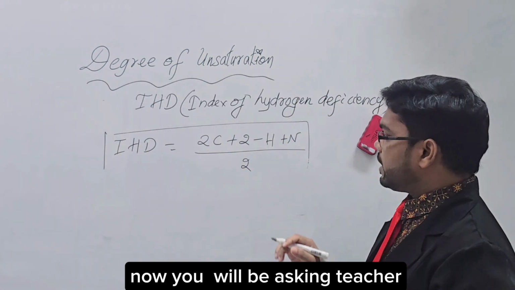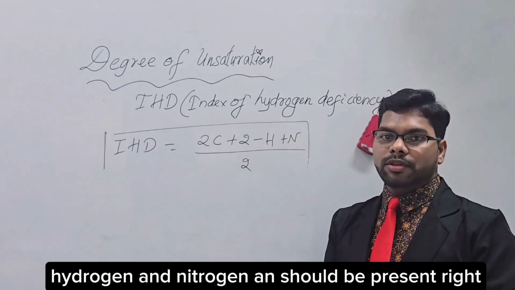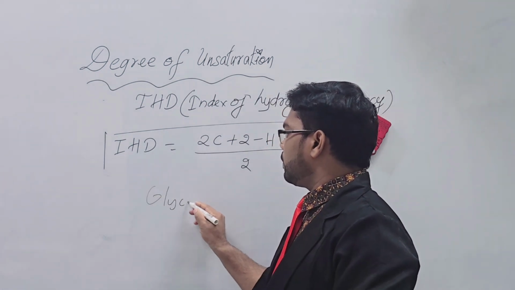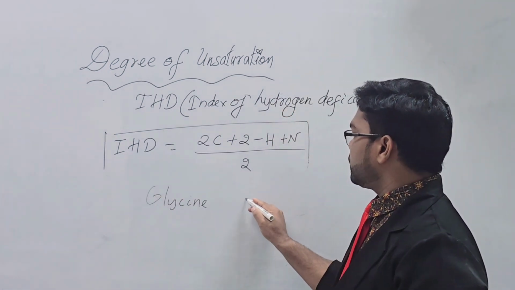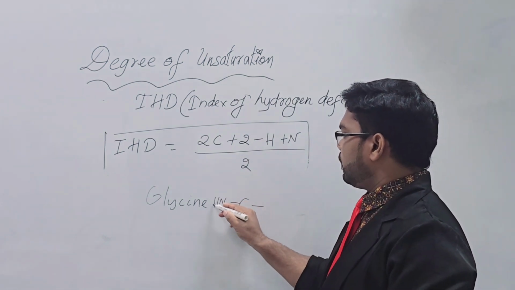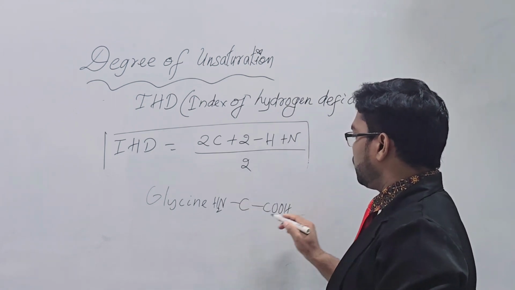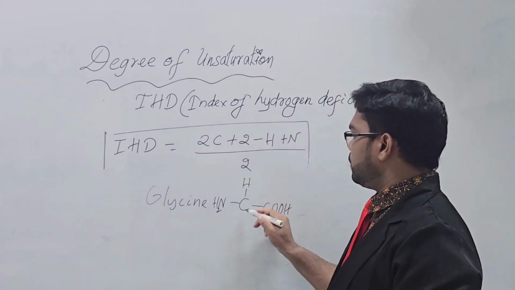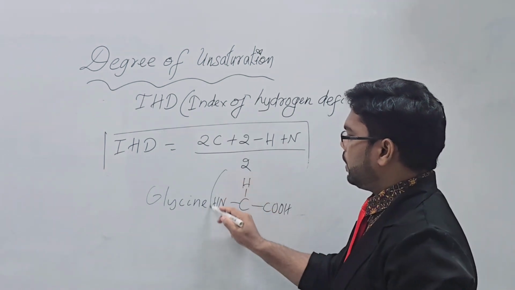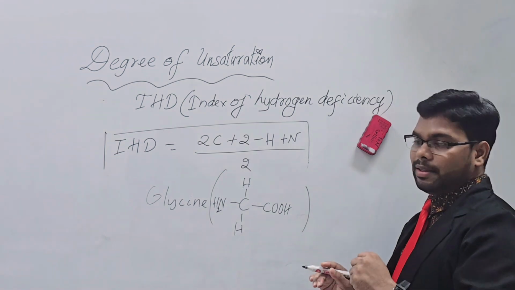Now you will be asking, teacher, let us give one example where carbon, hydrogen and nitrogen elements should be there, right? So let us take the amino acid glycine. You know the glycine example? In glycine, NH2 should be there here, here hydrogen, here hydrogen. Okay, so this is known as a simple glycine.